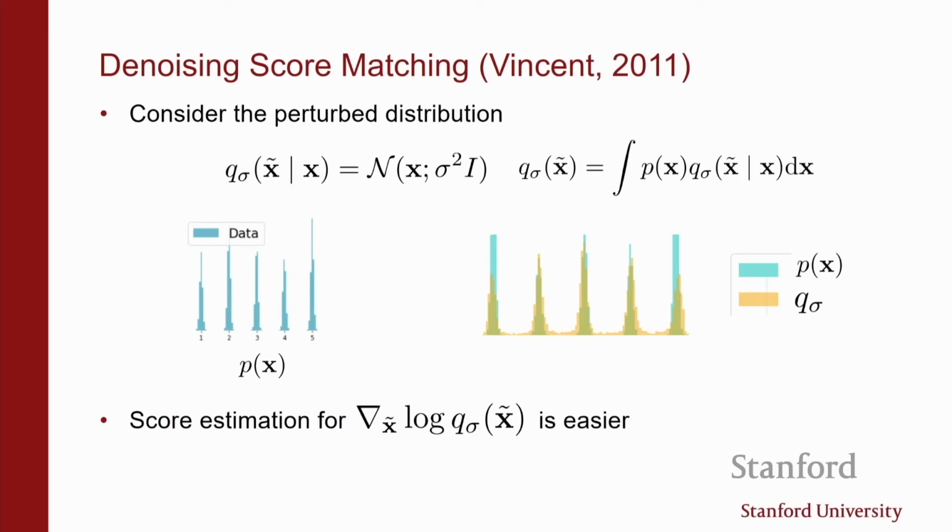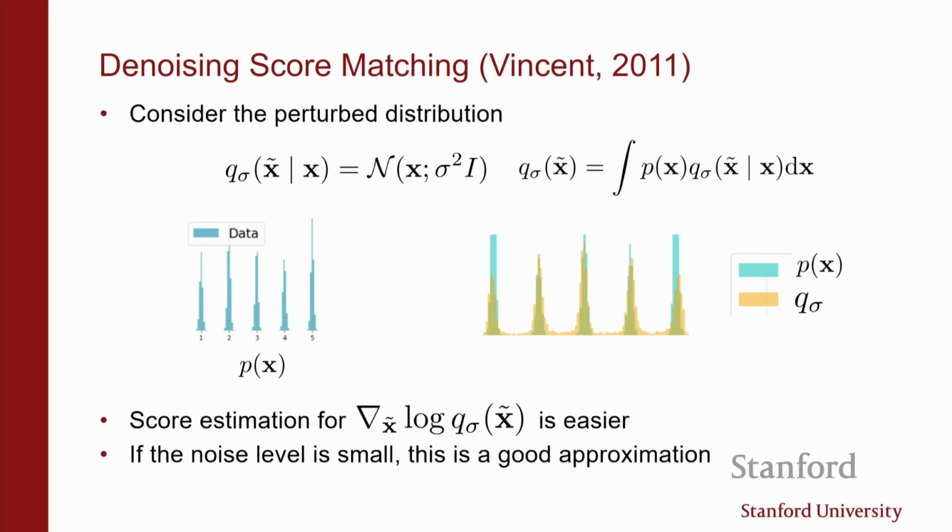And then it turns out that estimating the score of the distribution that you get after adding noise is a lot easier computationally. And so to the extent that you choose the noise level to be relatively small, this might be a reasonable approximation. If you don't add too much noise, then this yellow density will be pretty close to the blue one.